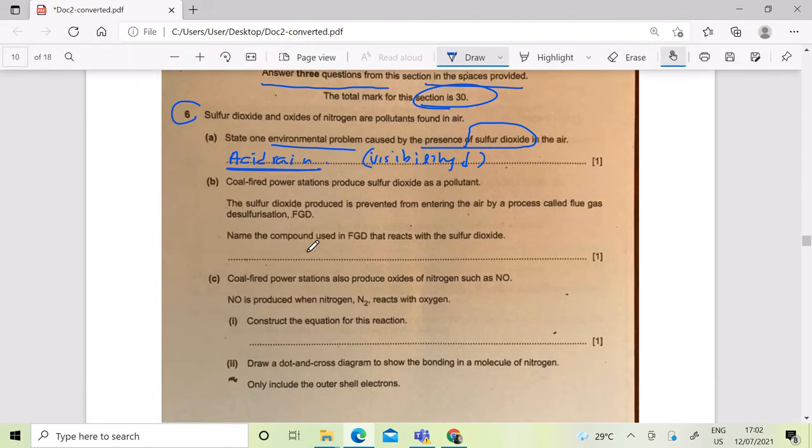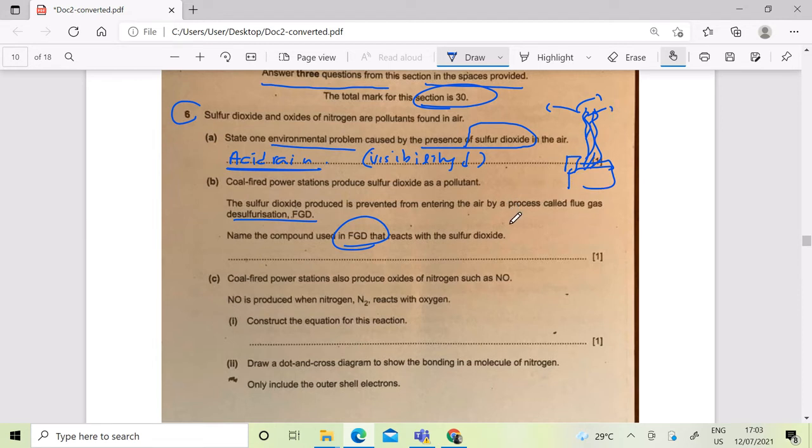Name the compound used in FGD. So what is FGD? That is flue gas desulfurization. For example, in sulfuric acid industries, sulfur dioxide goes upwards and enters the air. That can be minimized by reacting it with chemicals.